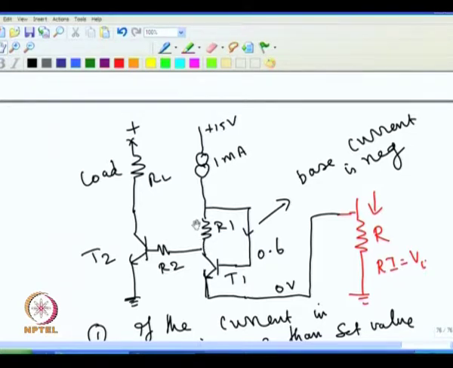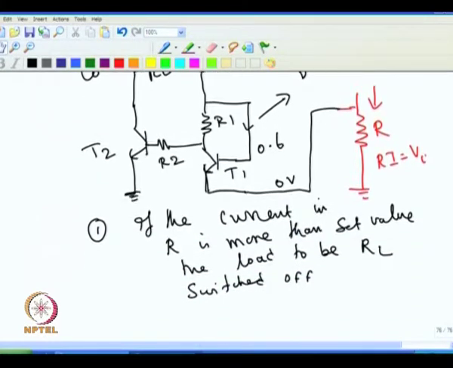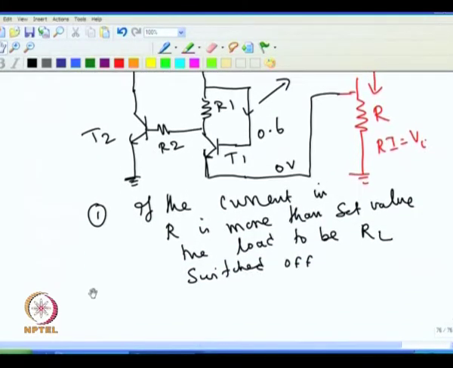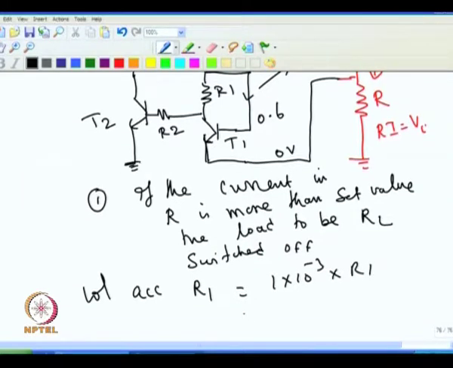So, the voltage across R1 is equal to the constant current source, which is 1 milliampere, into R1. Assume that R1 is equal to 1K.